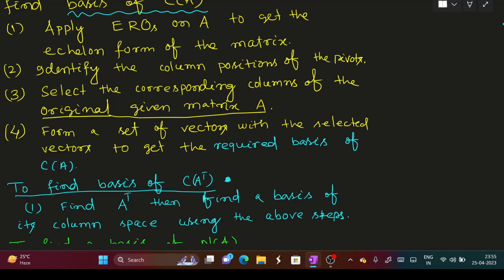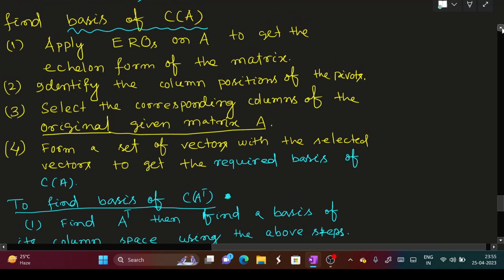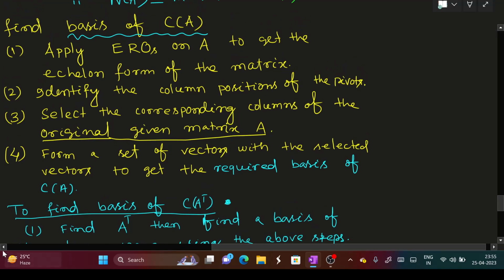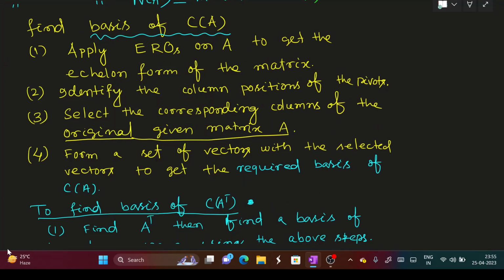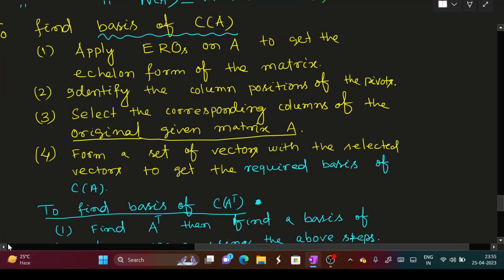Next, to find the basis of the column space of A, what steps should we follow? We are expected to find the echelon form of the given matrix A by applying elementary row operations on it. Then we have to identify the pivot column positions.